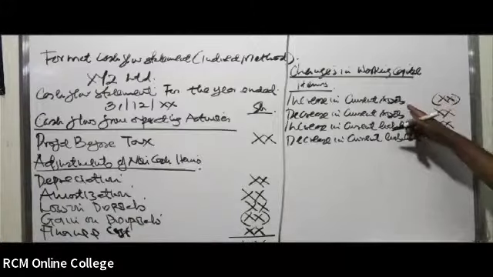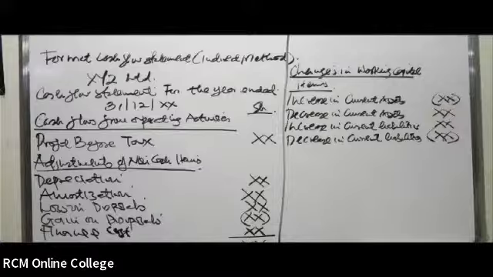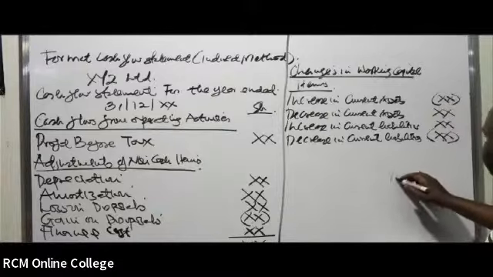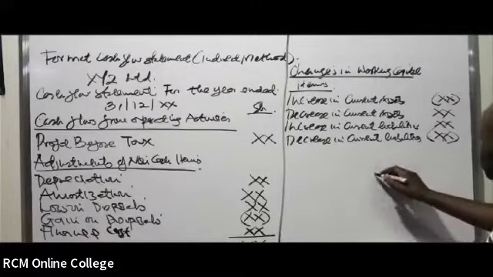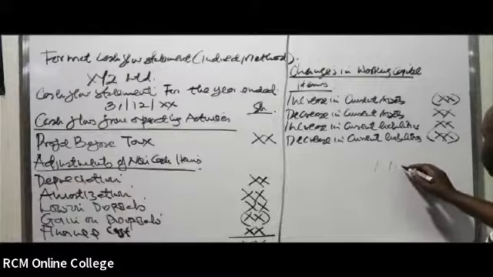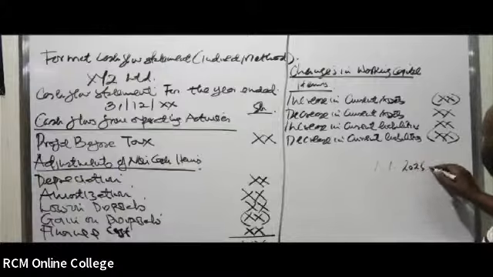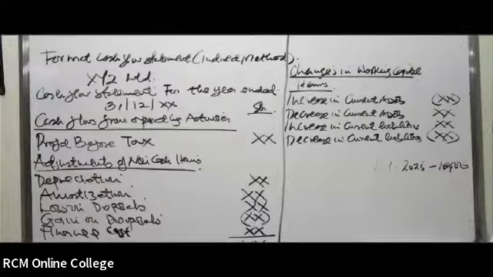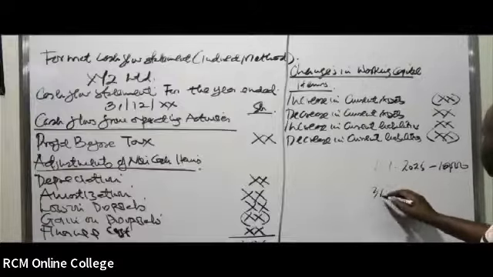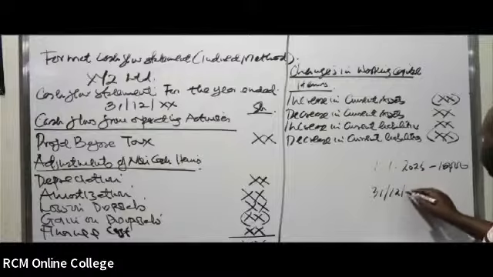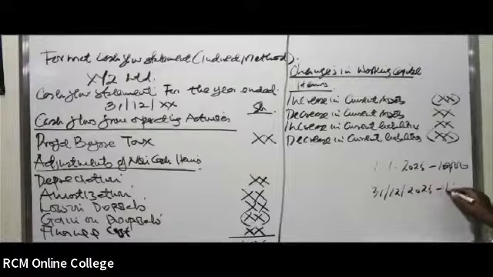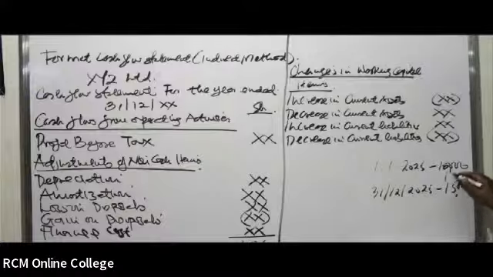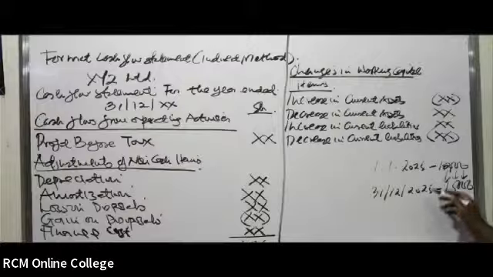For current assets, we have something like inventory. Maybe they can tell you that on 1st of January 2025, inventory was at 10,000. Then on 31st of December, inventory was maybe 15,000. So there was an increase. You open with inventory of 10,000, and at the end of the day, you have 15,000.